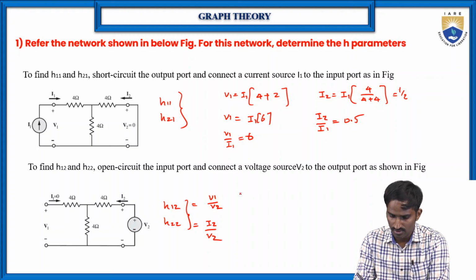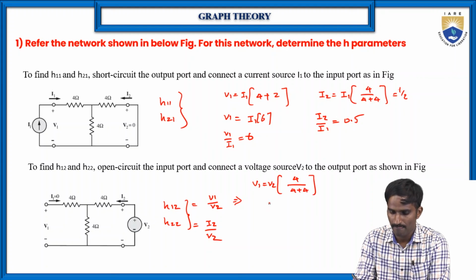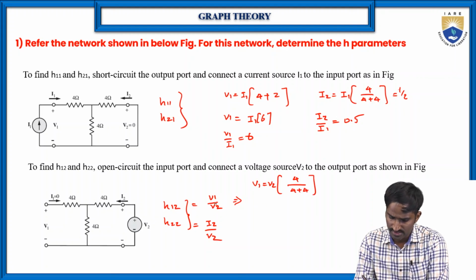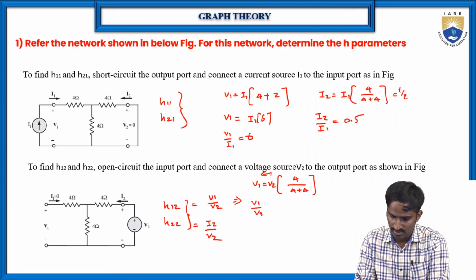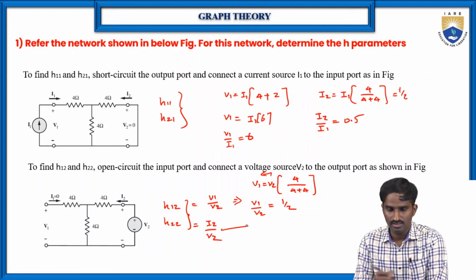V1 is the total voltage, and V2 is across the 4, so 4 by 4 plus 4. Then V1 by V2 is equal to again 1 by 2. The same way you can find the other parameter also.